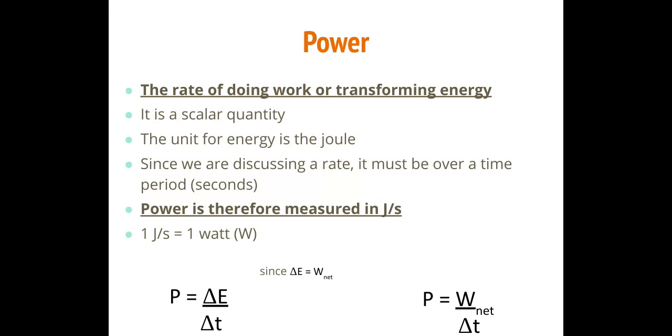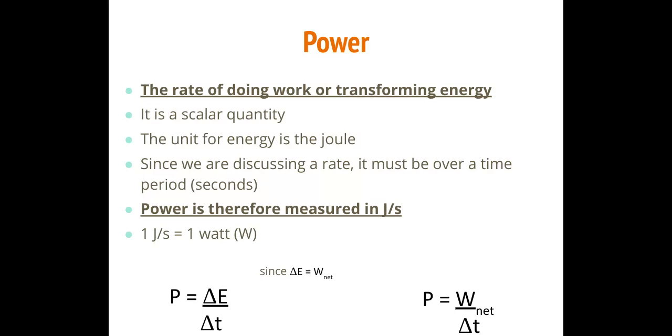And the unit that we use for energy, which we should know already, is the joule. Now remember, power is the rate at which we use energy. Rate is pretty much just how often you use it. What is the frequency of the usage, of the transformation of this energy?